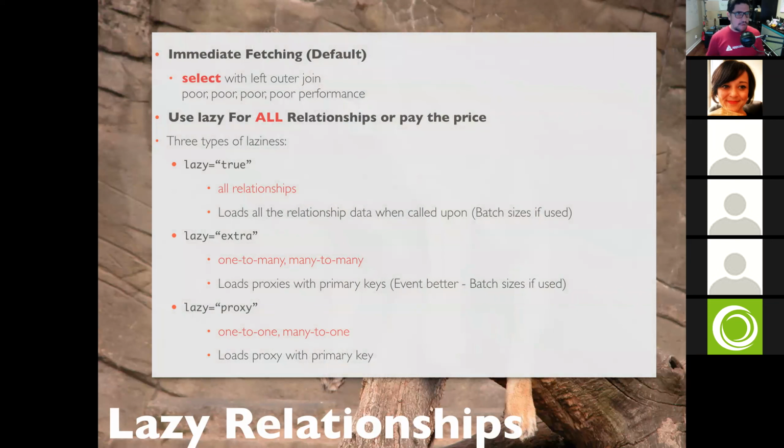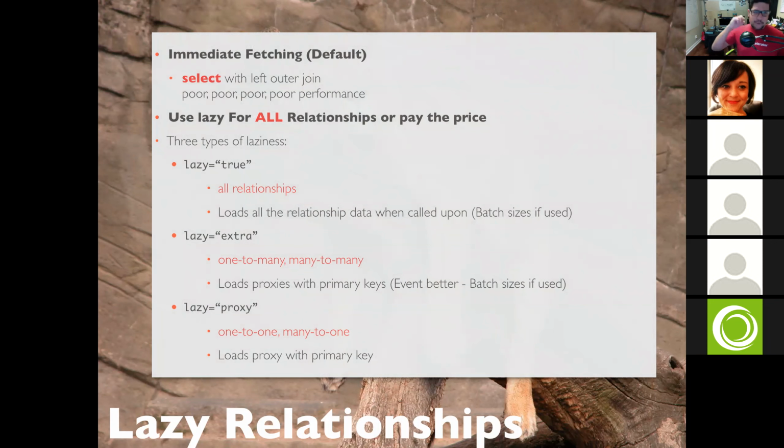By default, all operations occur for relationships as immediate fetching. That means that it will do at most 2 SQL calls, one for the actual entity, then for the relationship, with a left outer join. It is the poor performance, right?